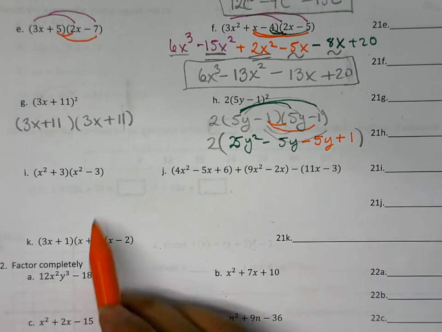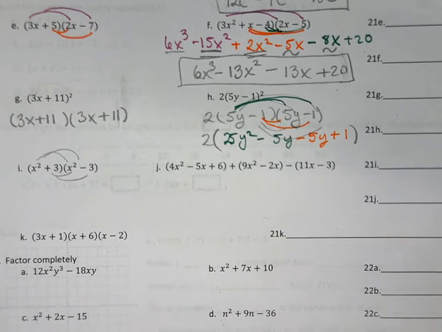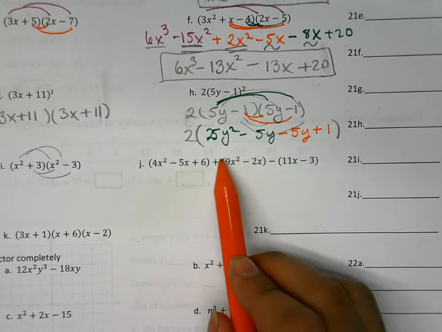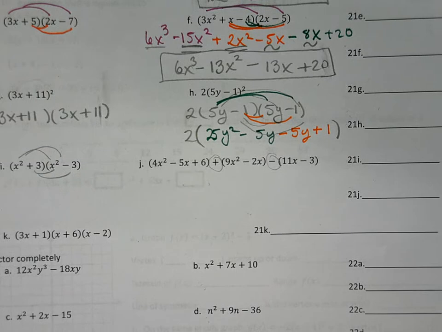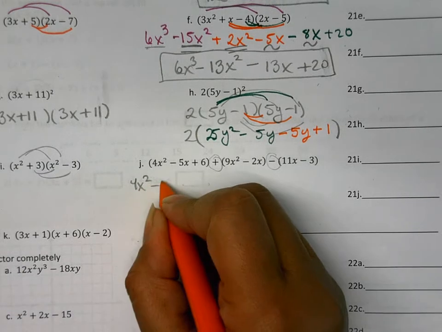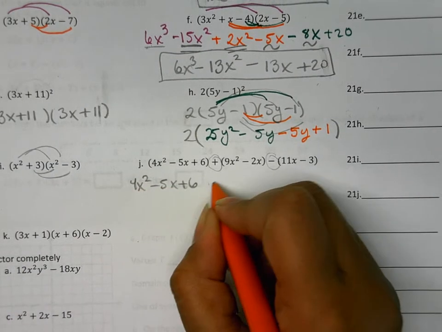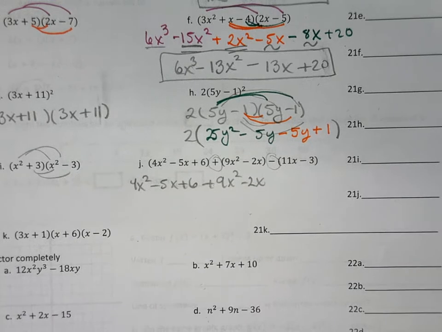next piece, this is a double distribution. This one, are these multiplication signs or addition and subtraction signs? Okay, so am I doing any multiplying here? No. 4x squared minus 5x plus 6 plus 9x squared minus 2x, because I am allowed to drop the parentheses.